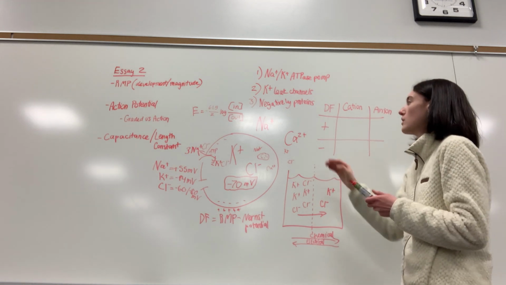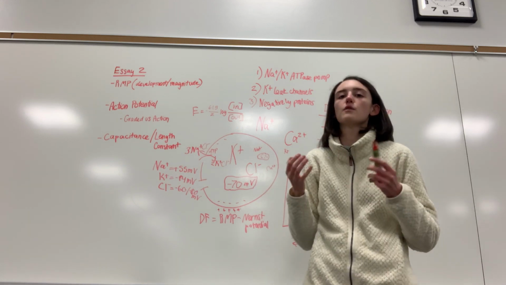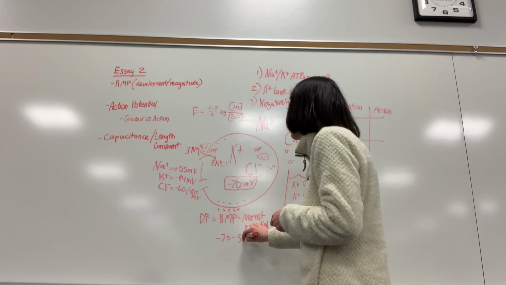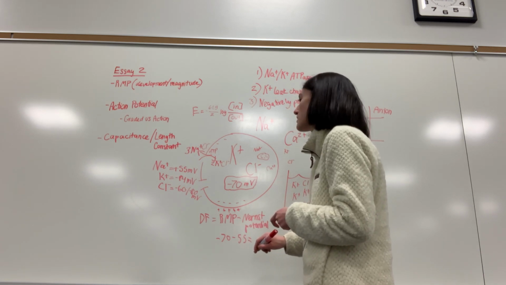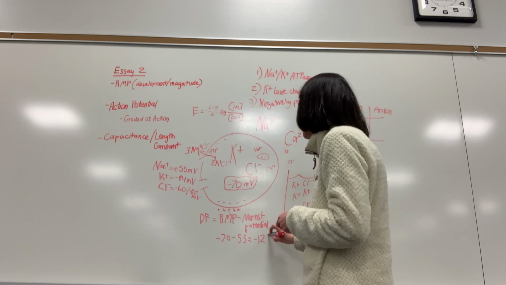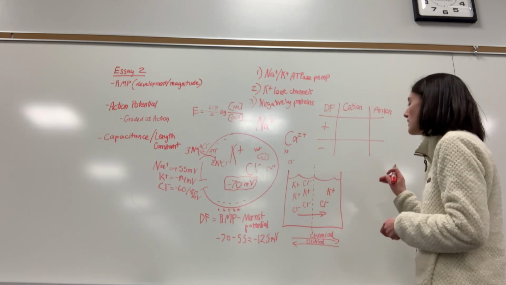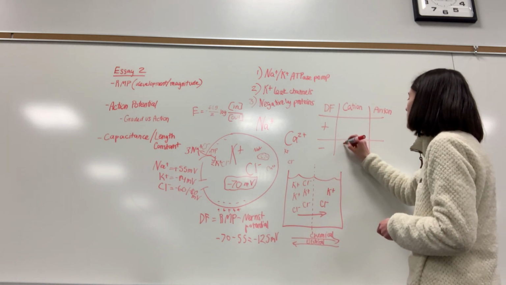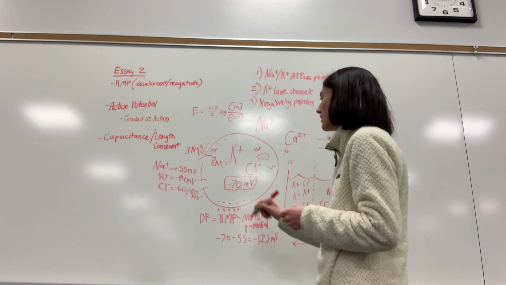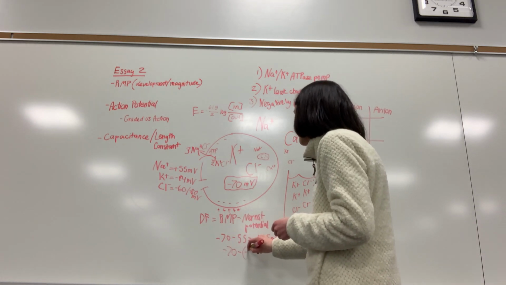So if you're wondering, if we calculated the driving force of sodium, for example, we would have negative 70 minus 55, which would give us negative 125 millivolts. When the driving force is negative and you're working with a cation, it will want to flow into the cell. However, say we had potassium, we have our driving force of negative 70 minus negative 94.